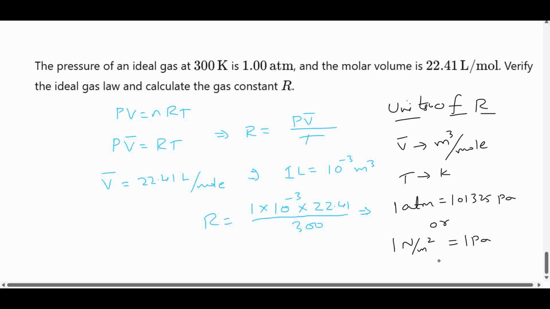So this is the SI unit of pressure. We substitute that in the SI units: 101,325 into 10 power minus 3 into 22.41 by 300.